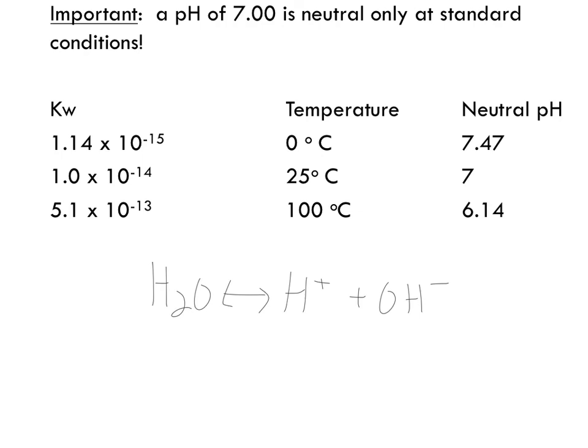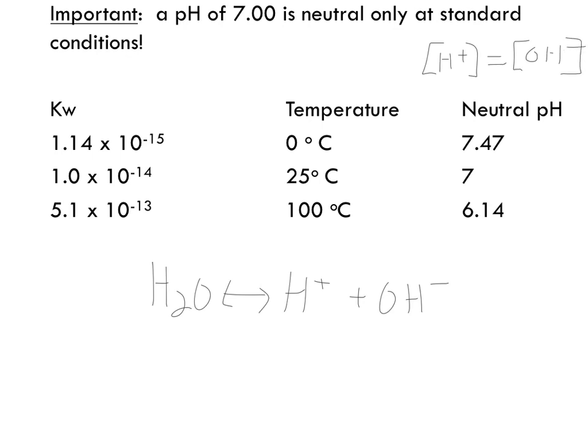Here we notice we think about things in very pure conditions. Only at 25 degrees is Kw 10 to the negative 14th power. And it's only at 25 degrees that a pH of 7 equals neutral. So this gives us a new definition of neutral. Neutral, remember, means hydrogen is equal to the hydroxide. Neutral does not necessarily mean 7. It only means 7 at 25 degrees.